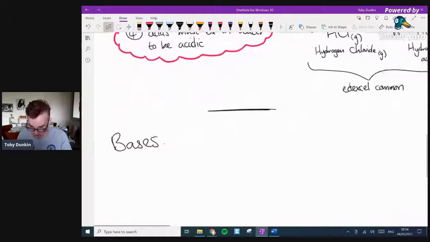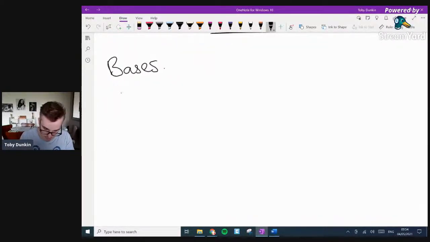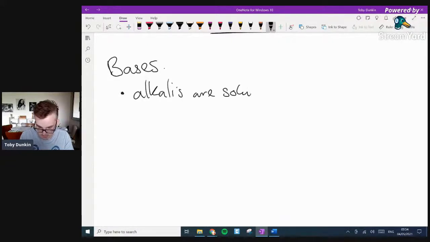Okay, so we're making great progress. So now that we've ticked that off, we can add a bullet point here, which is bullet point number 1, alkali. Oh, what is wrong with me today? Alkalis are soluble bases. They dissolve in water.